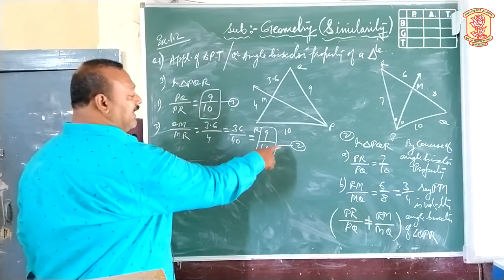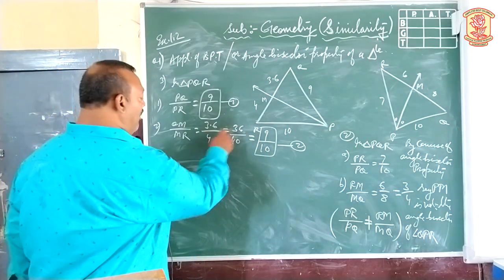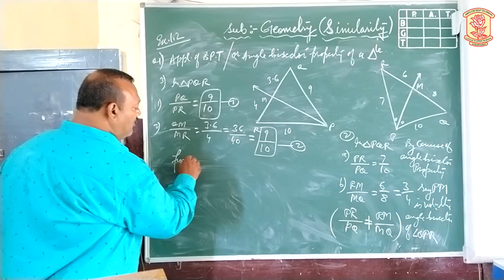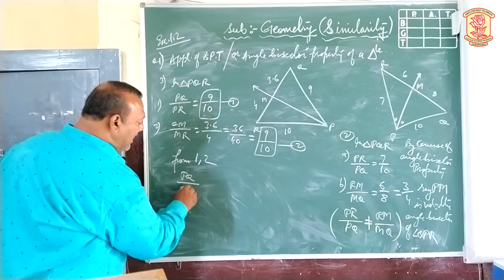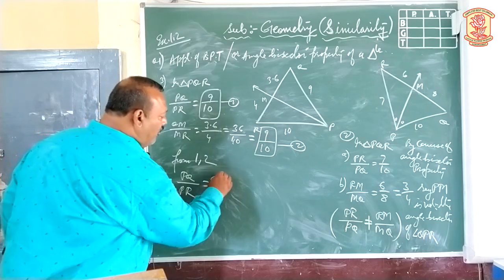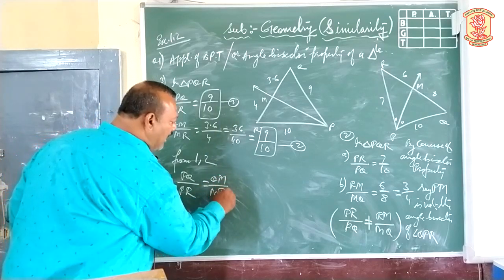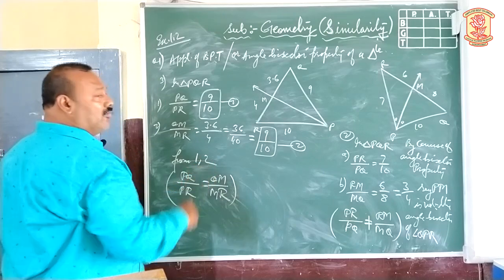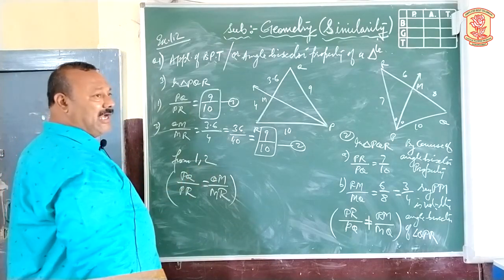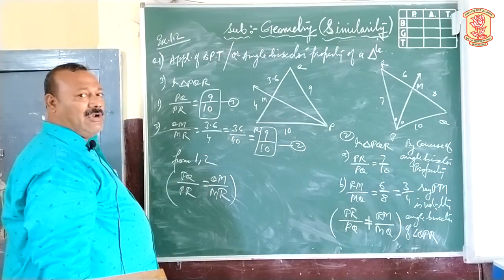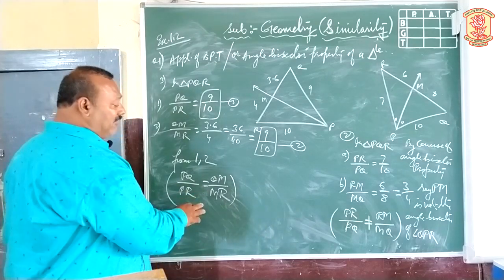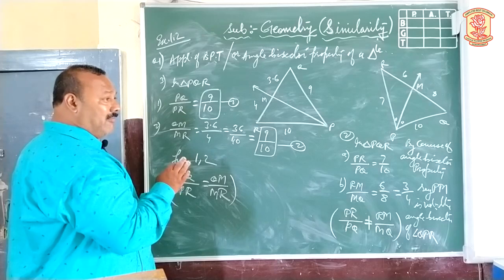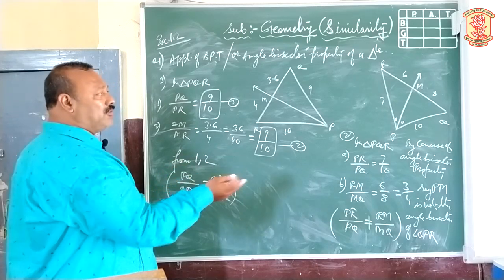From 1 and 2, we can say that PQ upon PR equals QM upon MR. Now here the ratio of the remaining sides of the triangle also equals the ratio in which the angle bisector divides the opposite side.